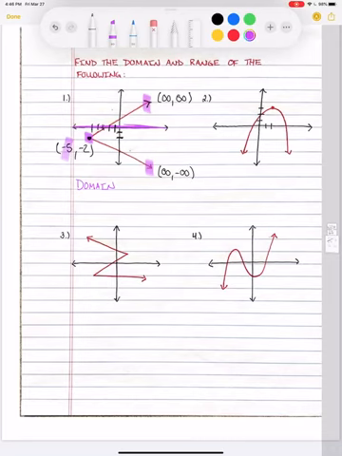But remember, for domain, all I care about is the x values. That's all I care about. So for my domain, for this graph, it's going to start at that dot at -5, and it ends at the arrows. Both arrows are going to the right, so both arrows are going towards positive infinity for their x value.